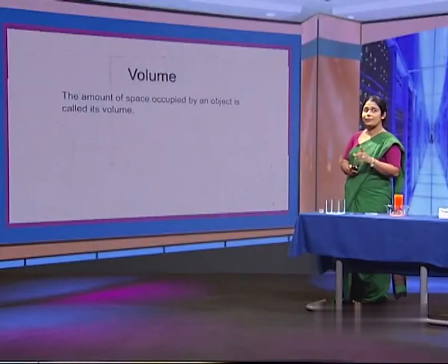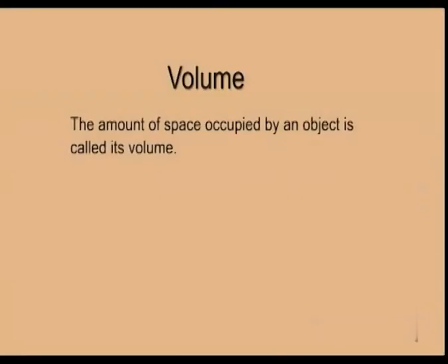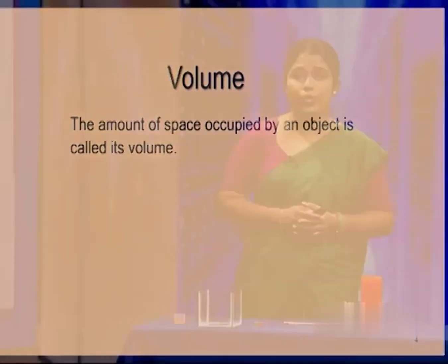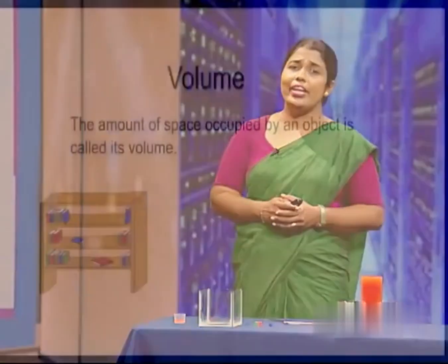Let's build up a definition for volume. Observe this one. Let's read it together. The amount of space occupied by an object is called its volume. Look around your environment.